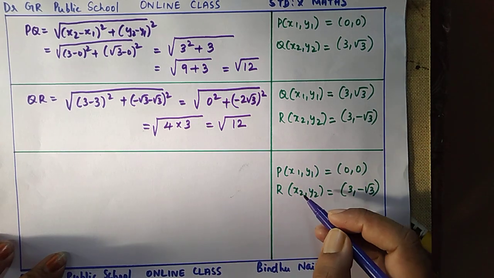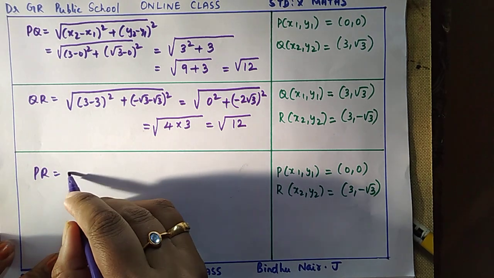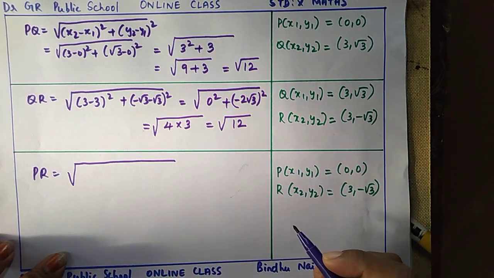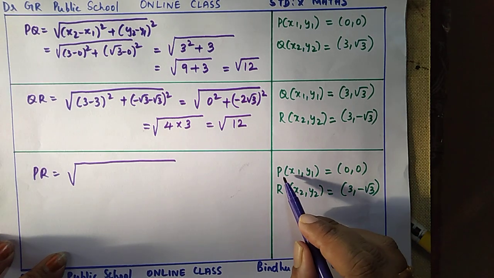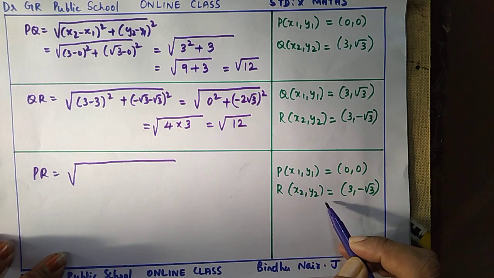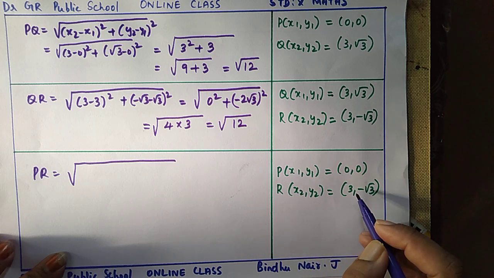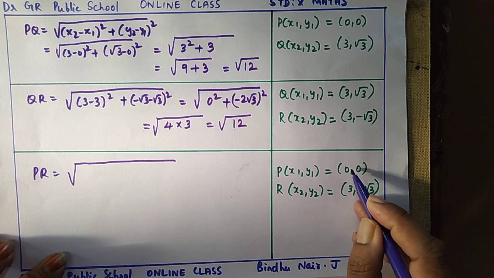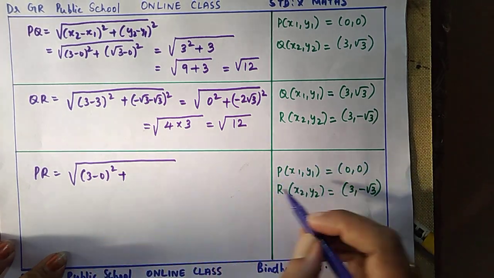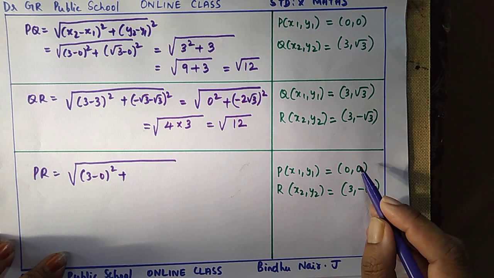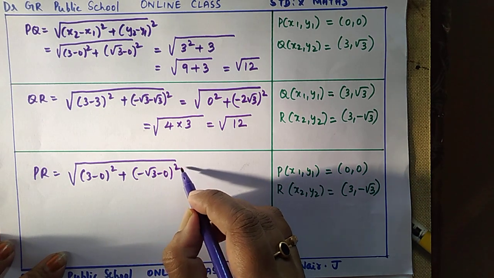Now come to the third distance PR. Again apply the formula, root of x2 minus x1 the whole square plus y2 minus y1 the whole square. So here you see I have written P and R. Okay. So P is our x1 y1, R is our x2 y2. So take the coordinates 3 minus 0 the whole square plus minus root 3 minus 0 the whole square.